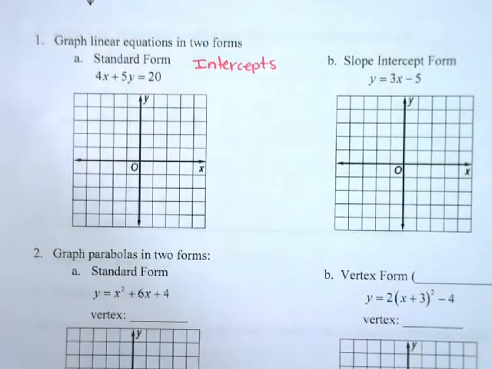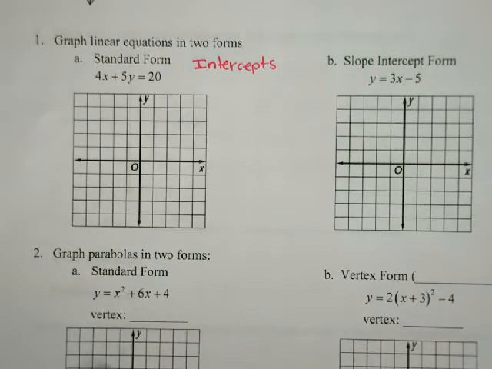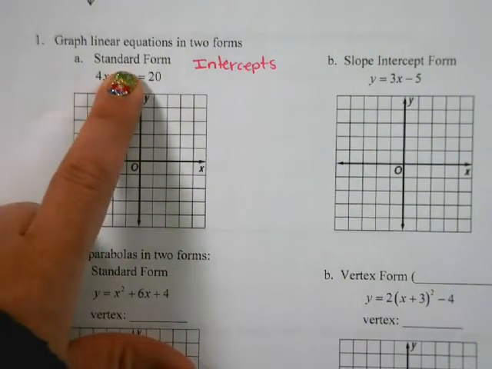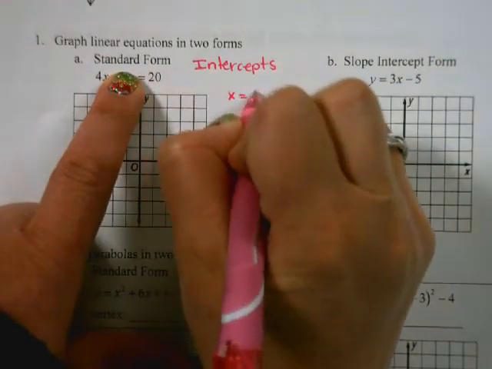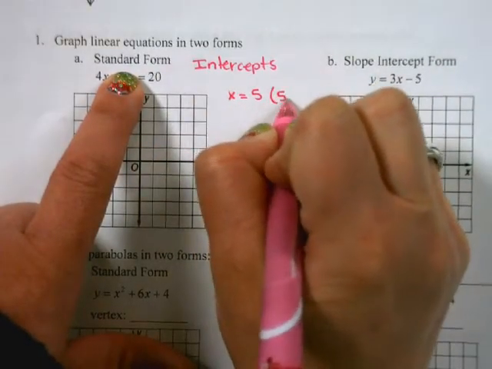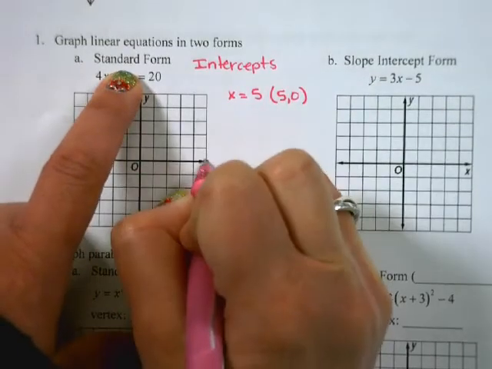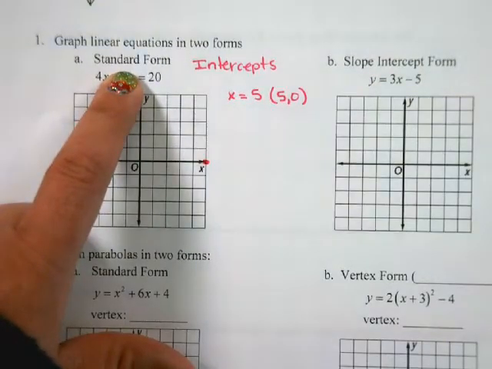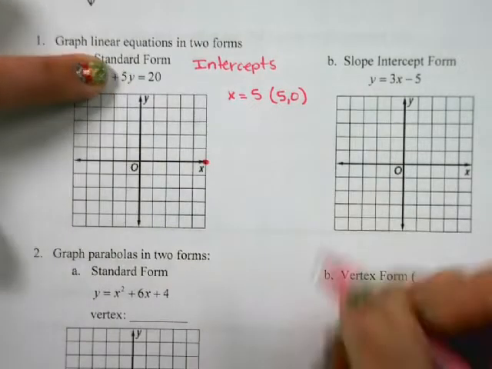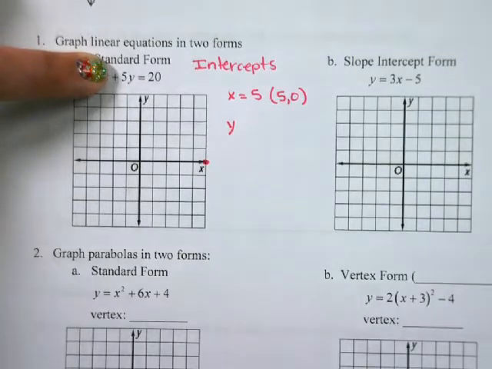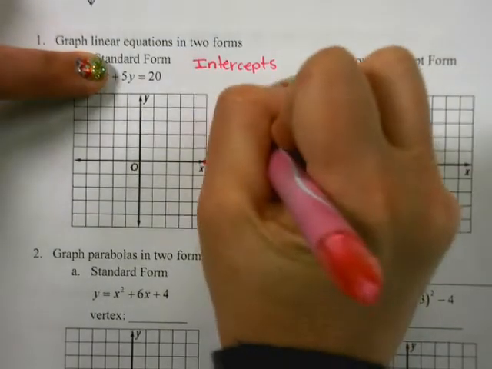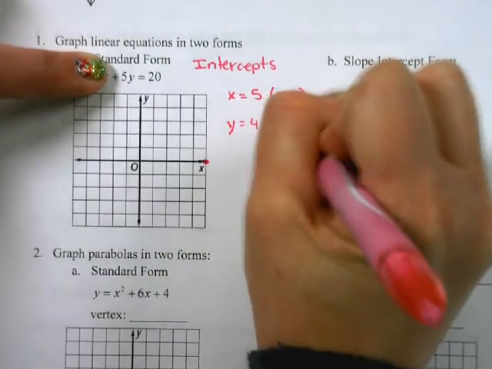If I cover up the y, where does it cross the x-axis? 4x equals 20, so x equals 5. That would be the ordered pair (5, 0). And if I cover up the x, what would y be? y equals 4, so I have an ordered pair of (0, 4).